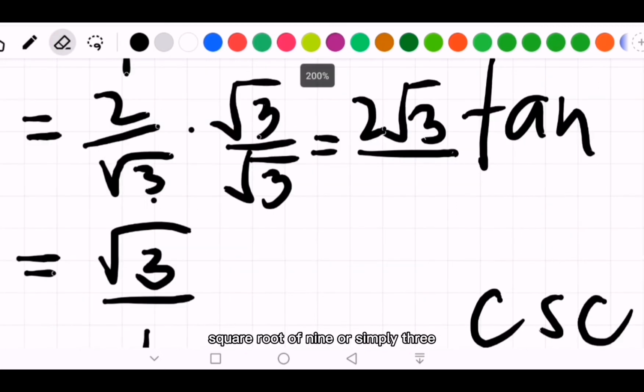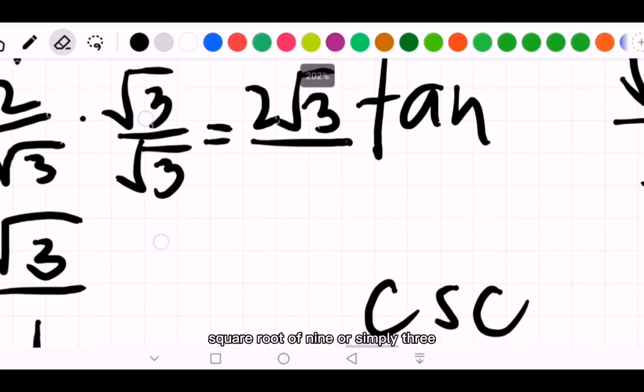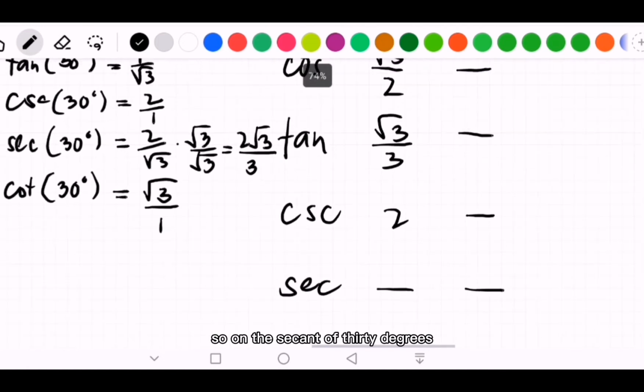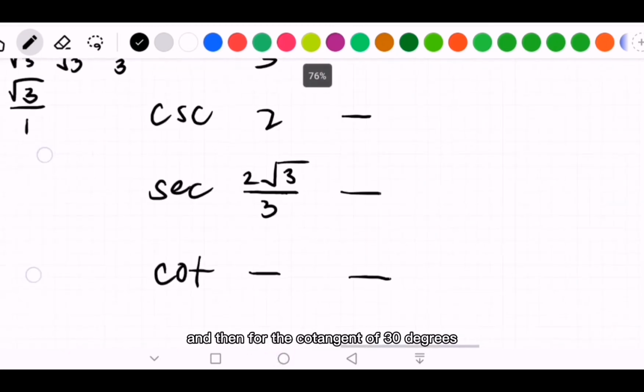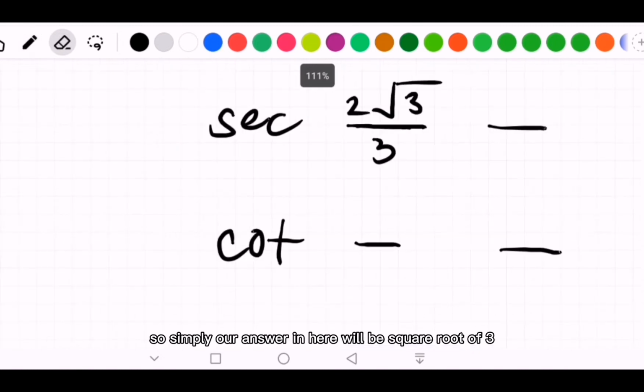So that is square root of 9 or simply 3. So for the secant of 30 degrees, our final answer will be 2 square root of 3 over 3. And then for the cotangent of 30 degrees, our answer in here will simply be square root of 3.